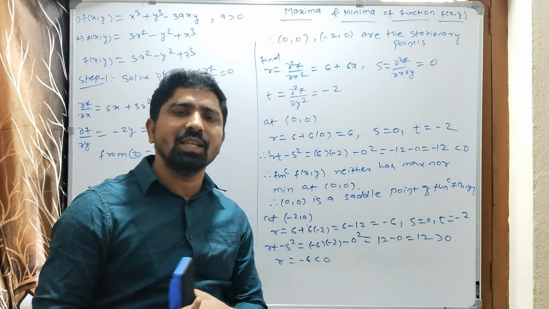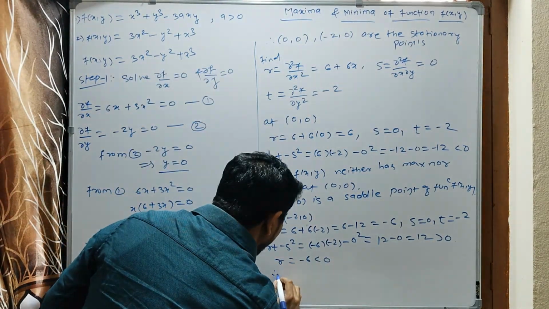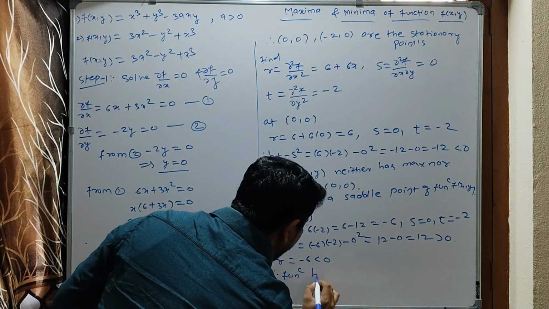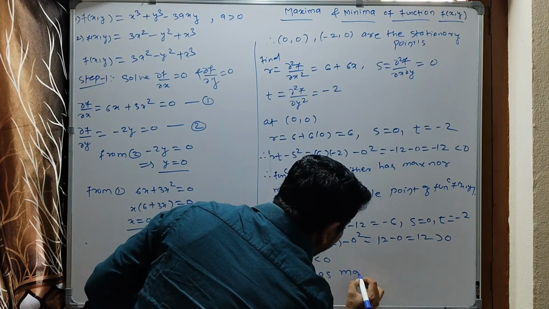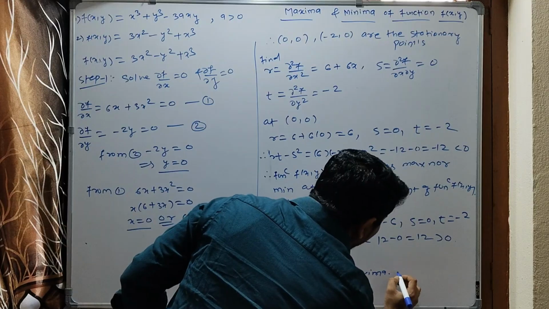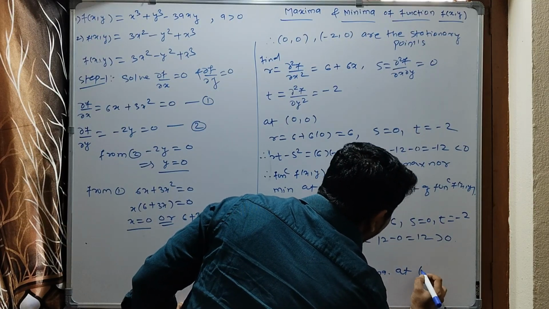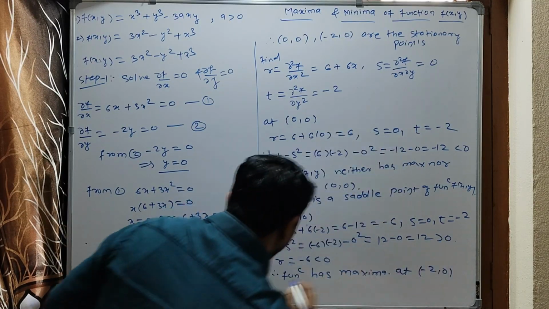At that time your function has maxima. Therefore the function has maxima at minus 2 comma 0 with maximum value.